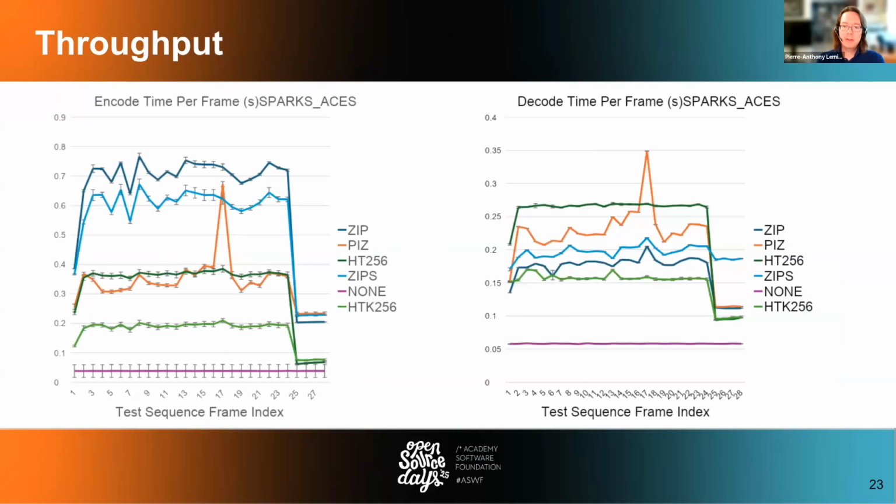Now in terms of speed, this is encode and decode time per frame across the same sequence of ACES images. Again, I'm not going to go into this, it's truly an eye chart.